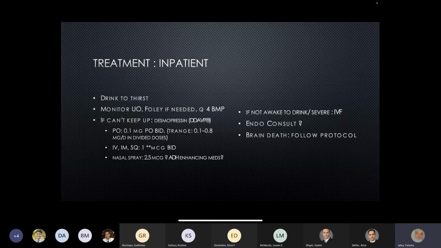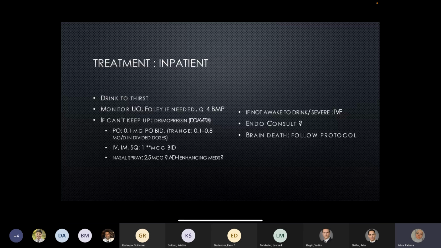Treatment for DI: patients drink 2/3, and they can compensate. Recently we had a patient who compensated very well through liters and liters of urine. In that case, you can keep the Foley if you're suspecting DI, and you do Q4 BMPs.